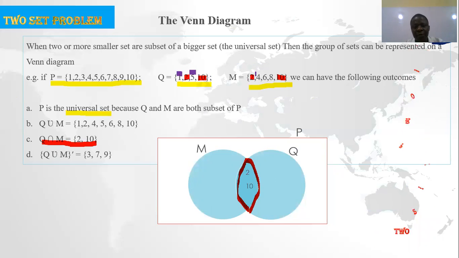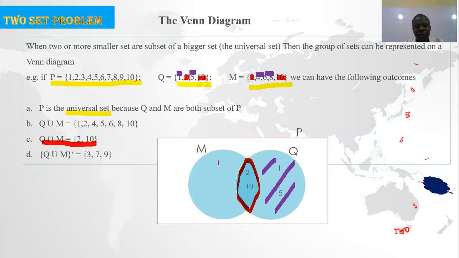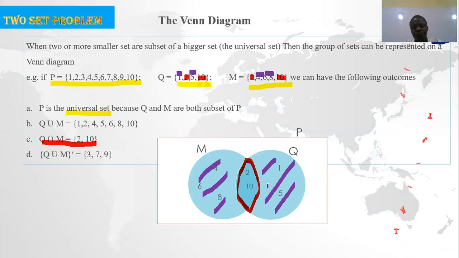If you take M, we have 4, 6, and 8. So 1 and 5 will occupy the extra region of Q, that is, this part is meant for 1 and 5. Then this portion here is meant for the remaining members in M who are not part of the intersection. As you can see there, 4, 6, and 8 are the remaining members of M, whereas 1 and 5 are the remaining members of Q.